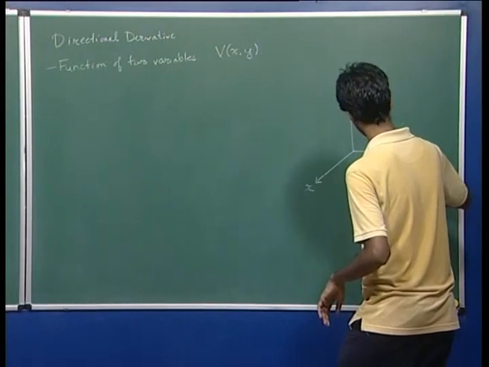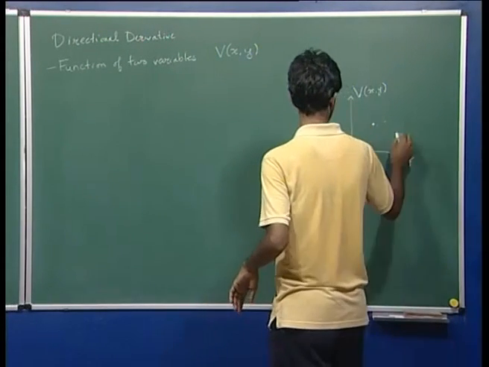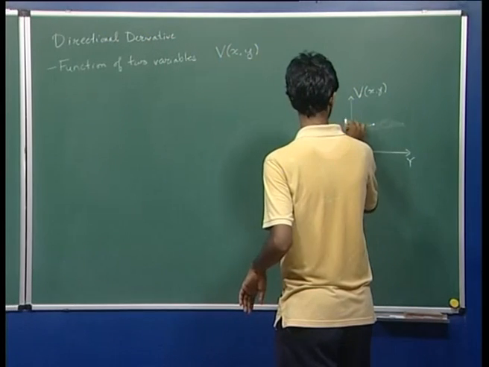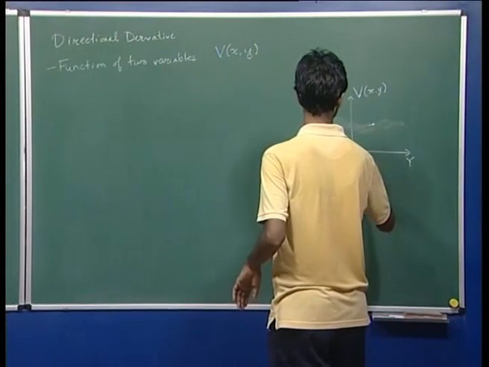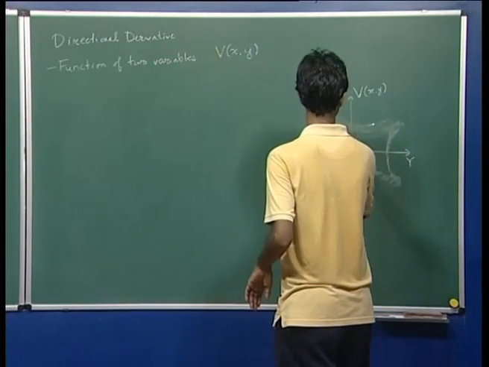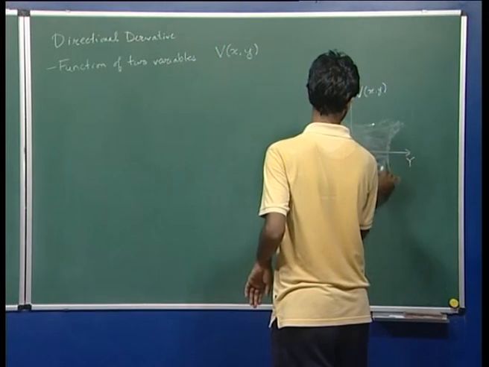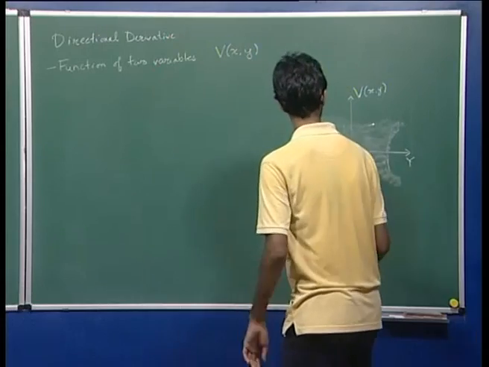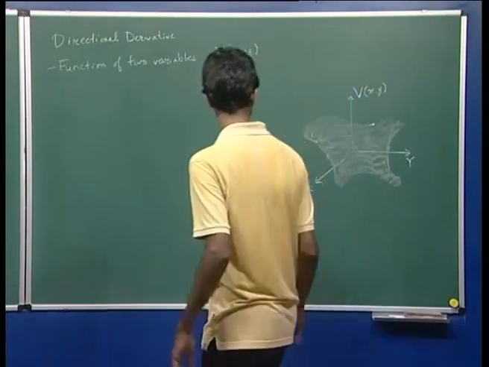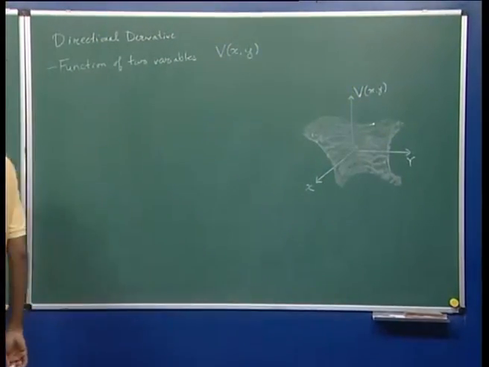For each point I get a certain value, and if I connect all those values I get some sort of surface. So V of x, y is represented by a surface like this.